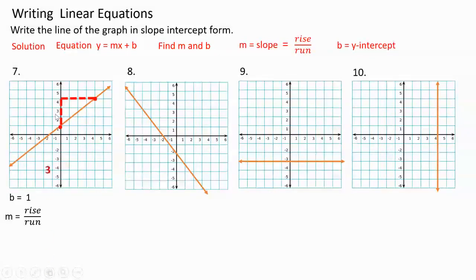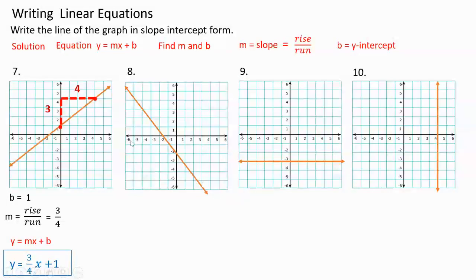So my slope is 3 up and 4 across. My slope is rise over run, so it's going to be 3 over 4. So I got my b, I got my slope. Now I can write the equation in slope intercept form. My m is 3/4 and my b is 1. So that's my equation.